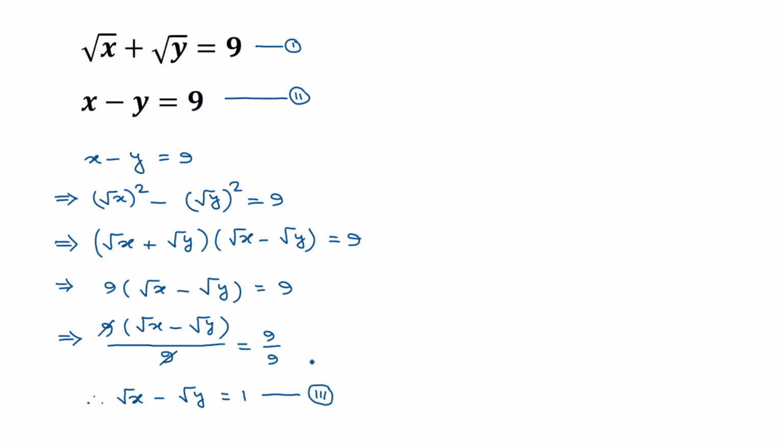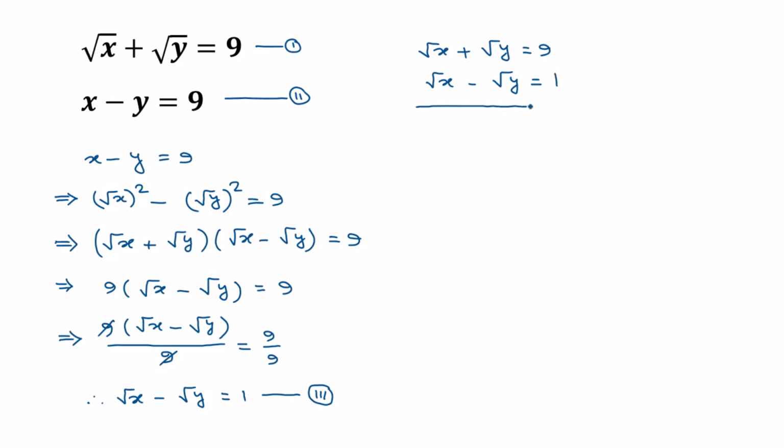Now if we add equation 1 and equation 3, from equation 1 we have square root of x plus square root of y is equal to 9, and from equation 3 we have square root of x minus square root of y is equal to 1.